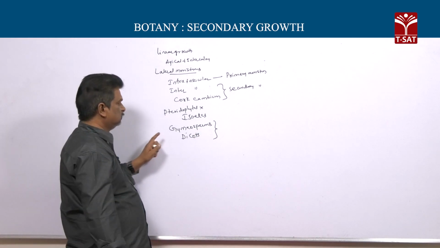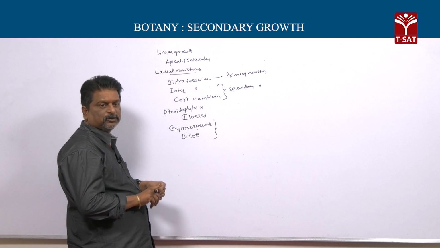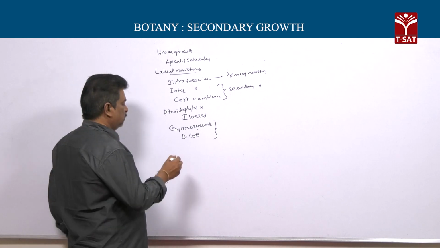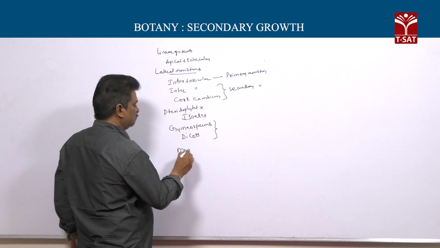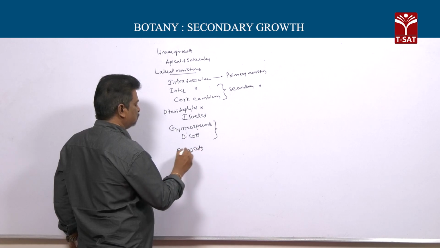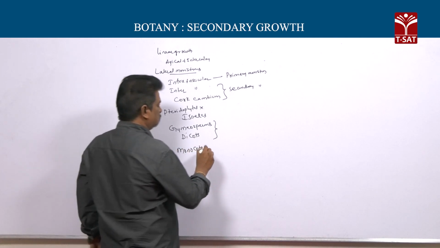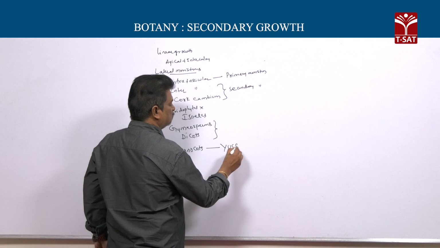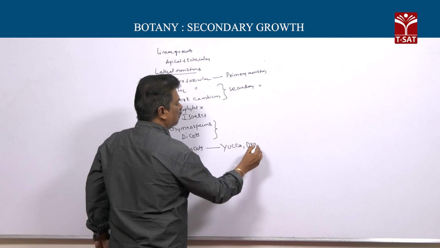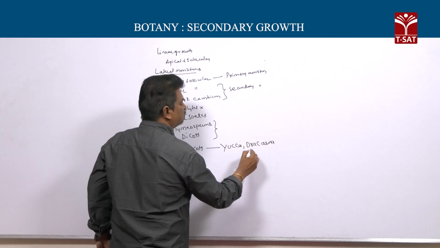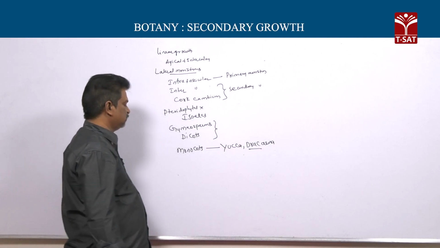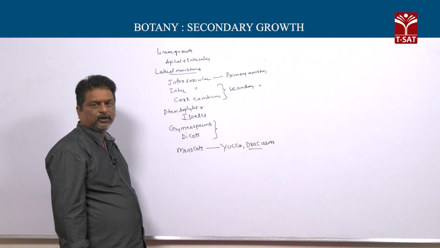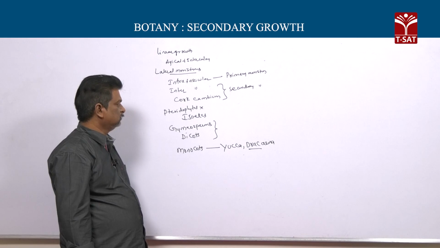Gymnosperms and dicots, secondary growth takes place. And secondary growth is absent in monocots. But some monocots, they show secondary growth.